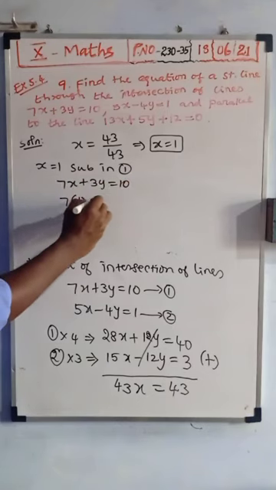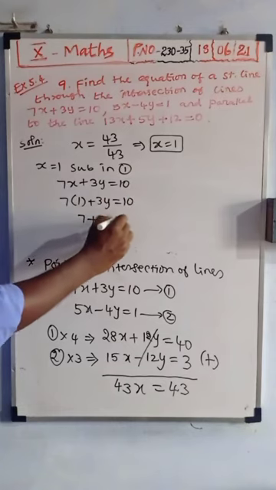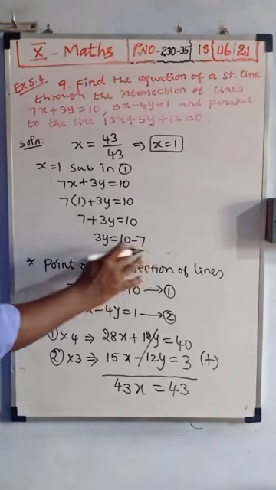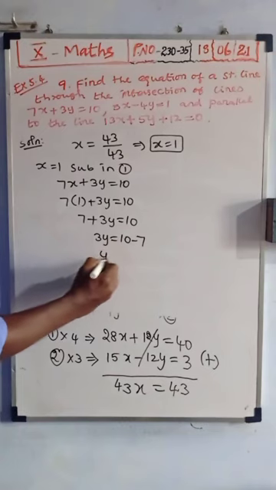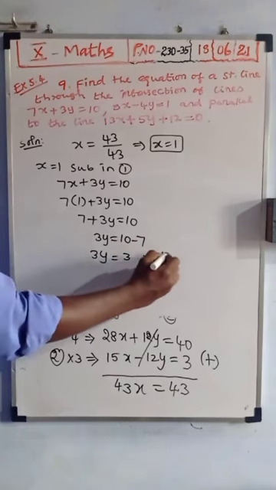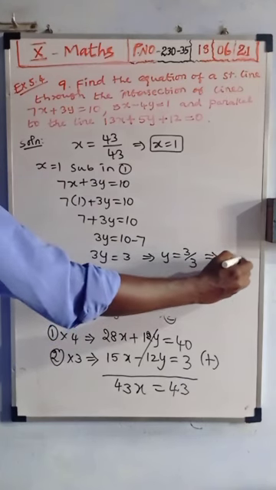So 7 of 1 plus 3y is equal to 10. Now 7 ones are 7 plus 3y is equal to 10. Now 3y is equal to 10, the plus 7 goes that side as minus 7. Subtracting, we get 3y is equal to 3. Now y you want, so 3 goes down, so y is 3 by 3, and y we receive as 1.